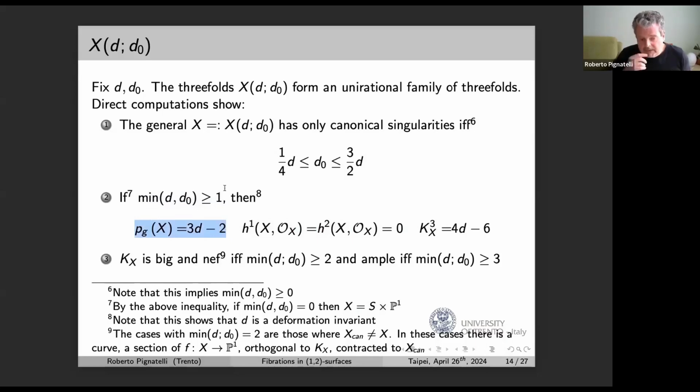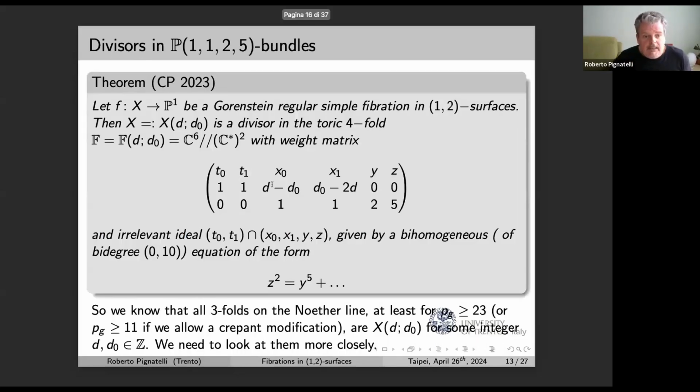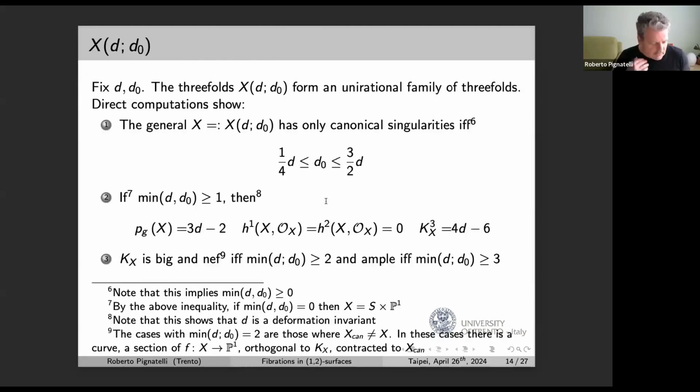So if I had written this way, it says A and B, then I would have used a combination of A and B to get the genus, but one reason to write this way for me is that I now have one of the two numbers into the game that is a deformation invariant, because the genus is a deformation invariant. The two numbers are not deformation invariants, but this combination of them, which is D, is a deformation invariant because it's the genus. It's 3D minus 2, the genus.